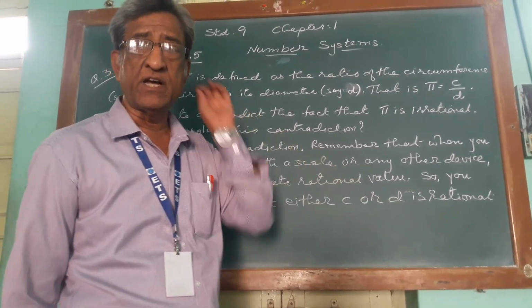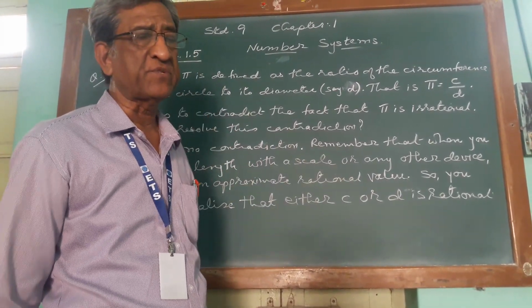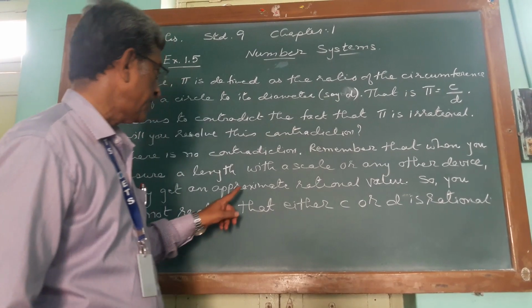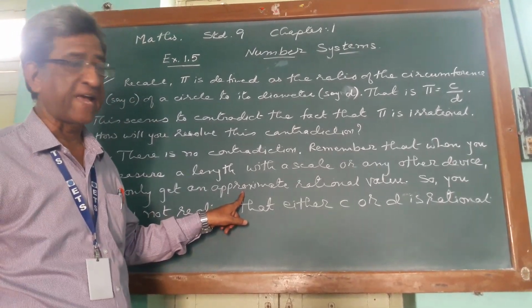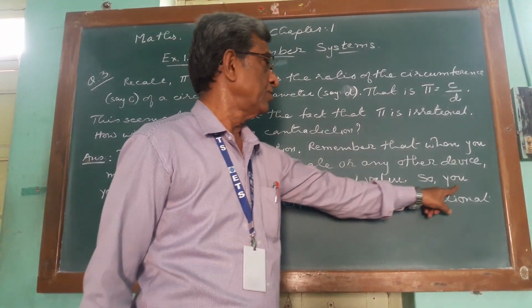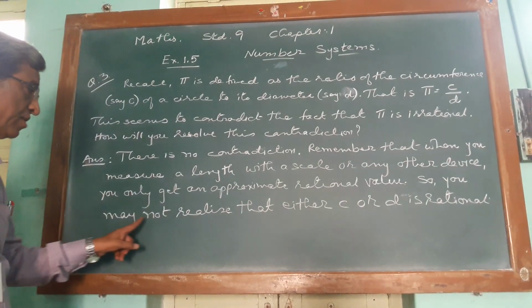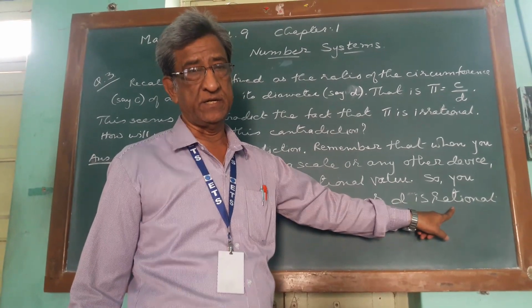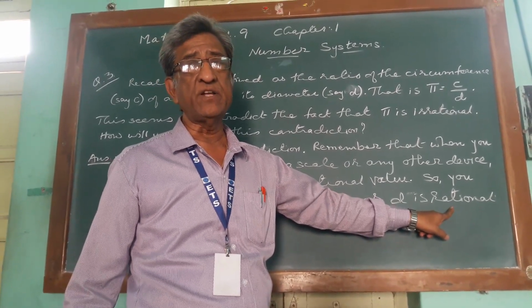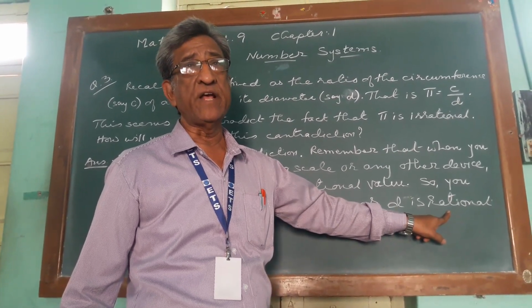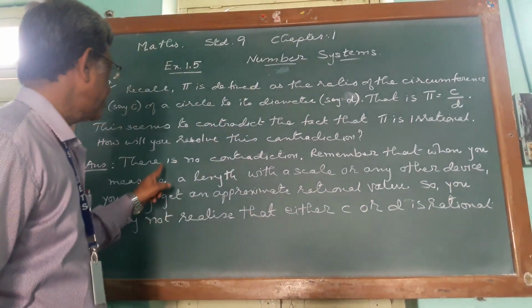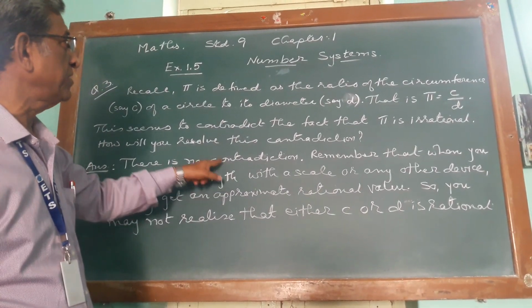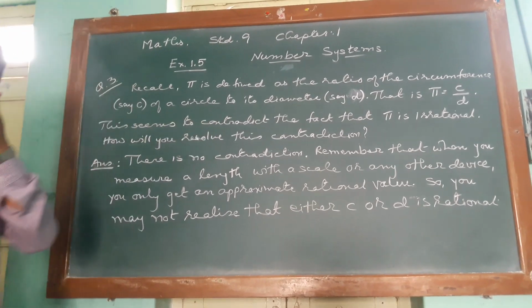When we measure certain things with the help of a scale, we get an approximate value, not exact. So you may not realize that either C or D is rational. Since only an approximate value is there, we can't say that it is rational. So there is no contradiction in the given statement.